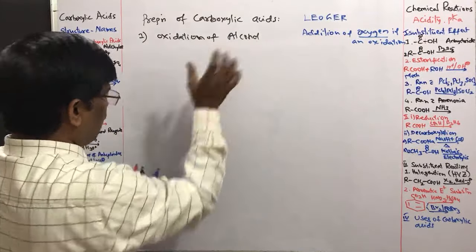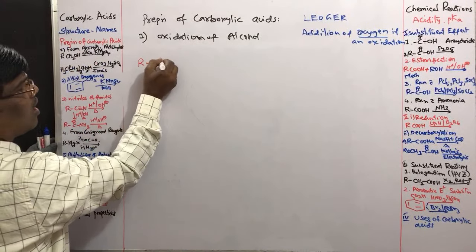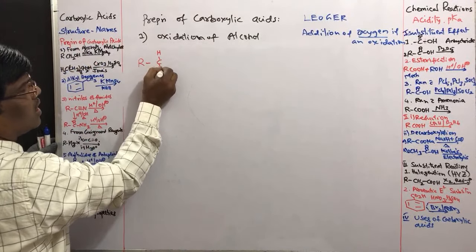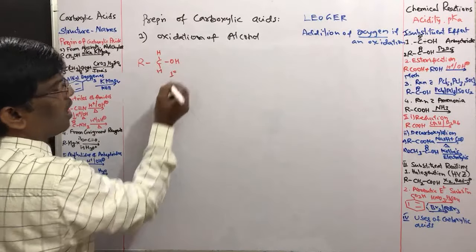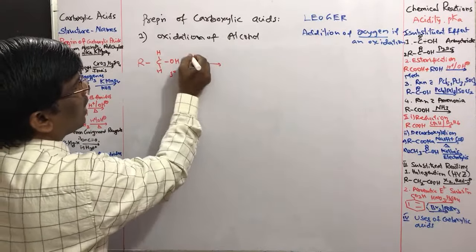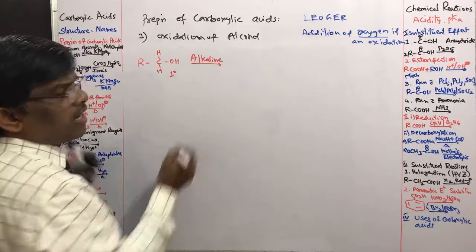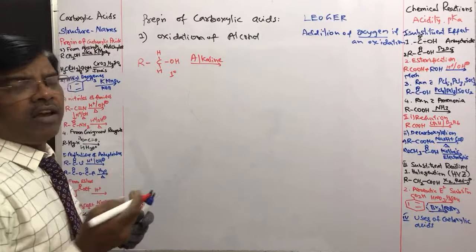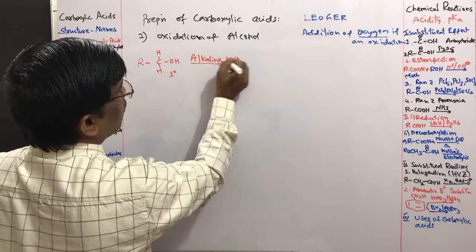So oxidation of alcohols. If I take alcohol, R CH2OH, and it is a primary alcohol, when I use alkaline KMnO4, alkaline means basic, NaOH or KOH you may write. Let me write KOH.